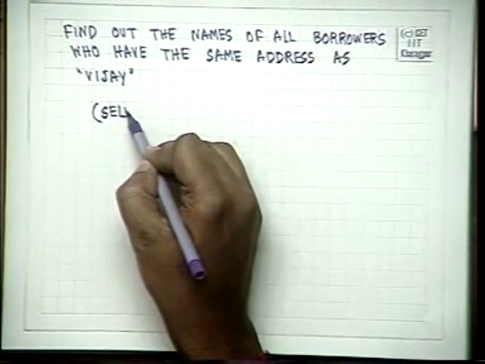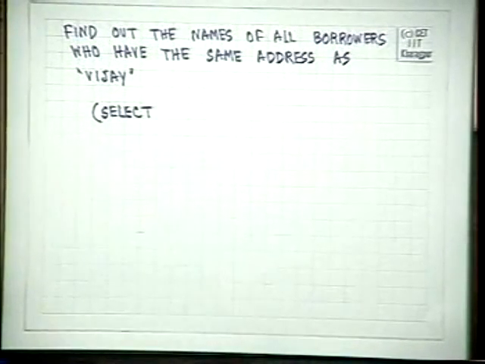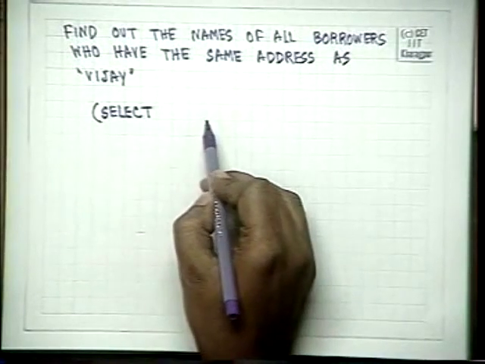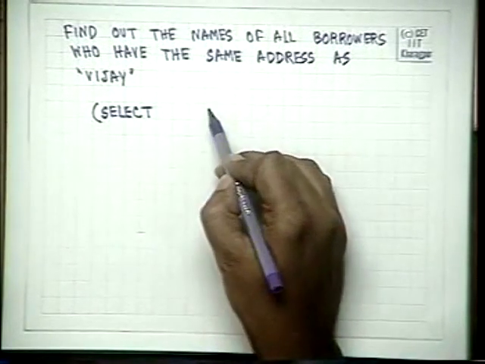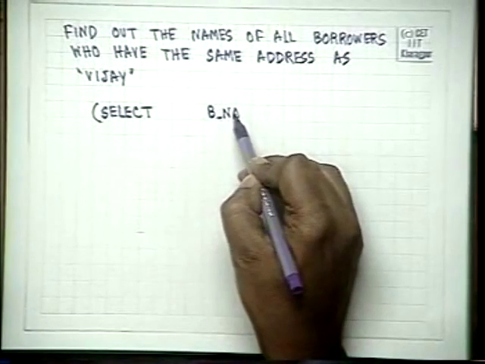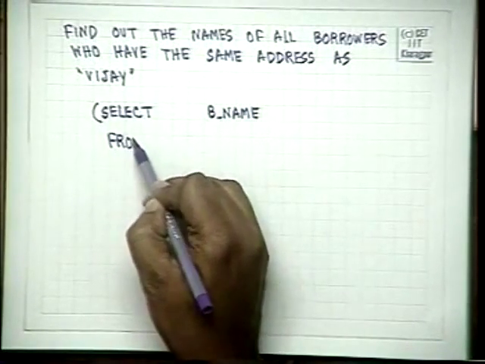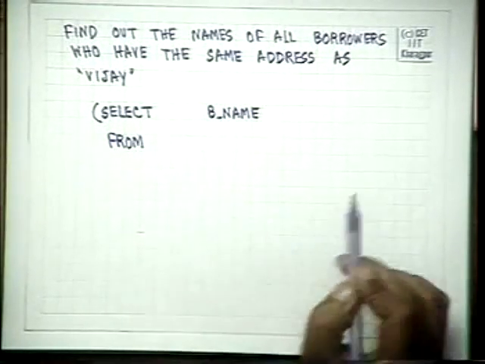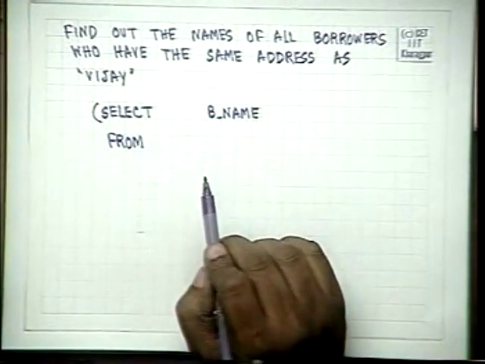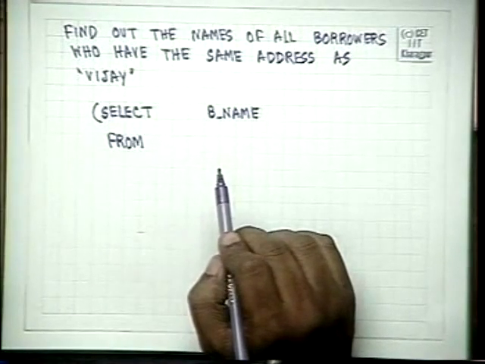So if you use that idea directly, then you will have select. What will we select out? Somebody's name. From user and user. So the use of the variable and the renaming variable is absolutely essential here.